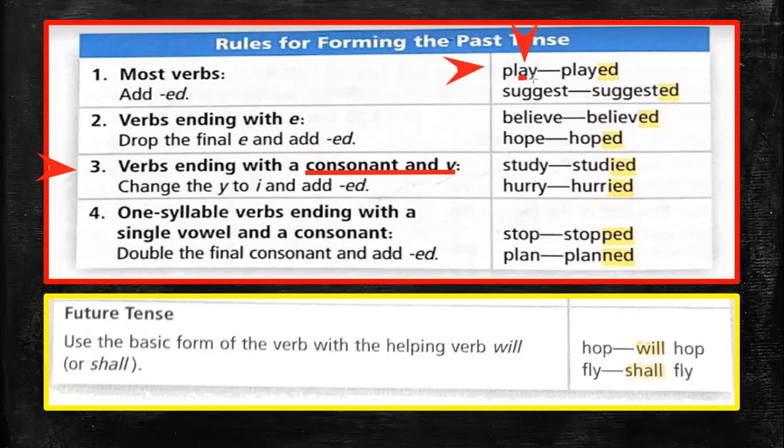So that's why you don't have to change the Y to I. You only do that if it's a consonant and Y. If you have a verb that ends in vowel and Y, all you have to do is follow rule number one and add ed. Okay? Just wanted to clear that out. Okay, so let's go to rule number four. And here we are.